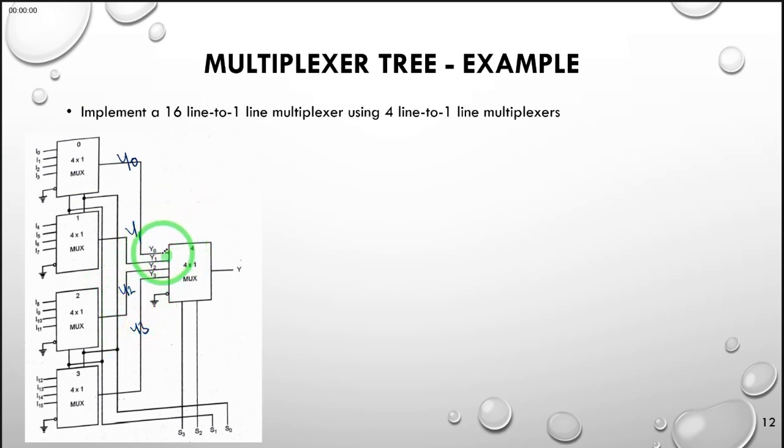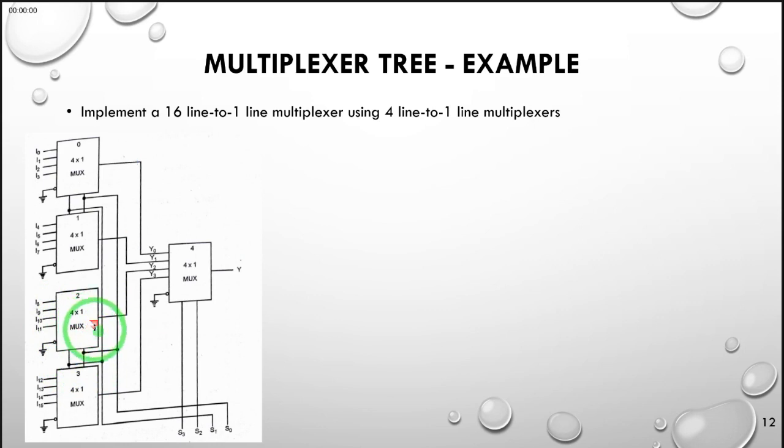Those 4 outputs enter our 5th multiplexer, and the 5th multiplexer is selected by 2 select lines, S3 and S2. And how we select the inputs to each of the 4 multiplexers is by setting a parallel select line, the most significant being S1 and S0 being the least significant.